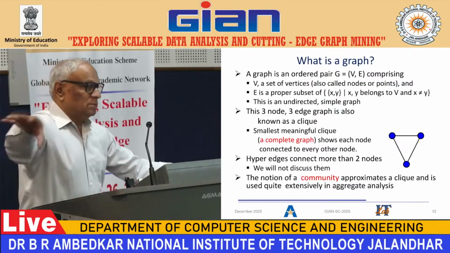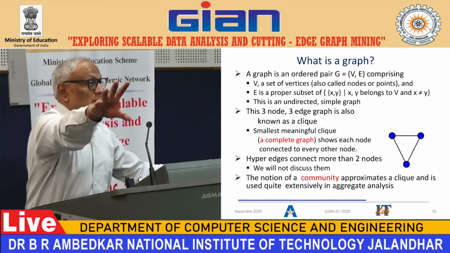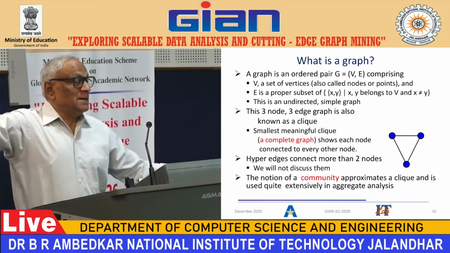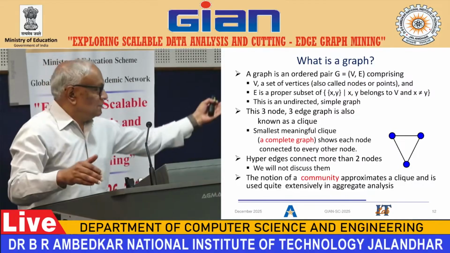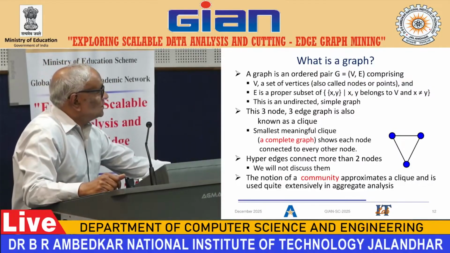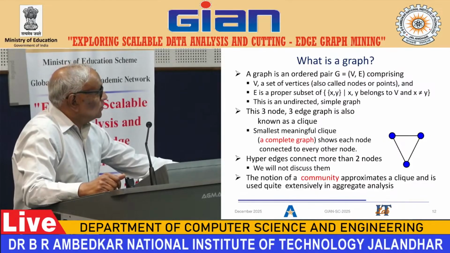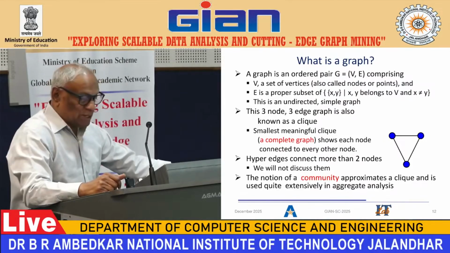You may be familiar with social circle cliques. You know, this person belongs to this clique, this person belongs to this clique. Actually, that concept is coming from here. This is the smallest meaningful clique. It is also known as a complete graph, showing each node connected to every node. So my question to you is, why is this structure important?